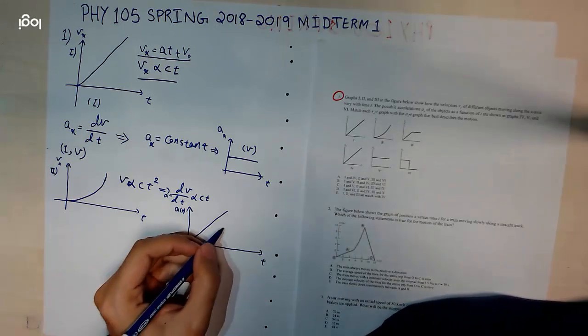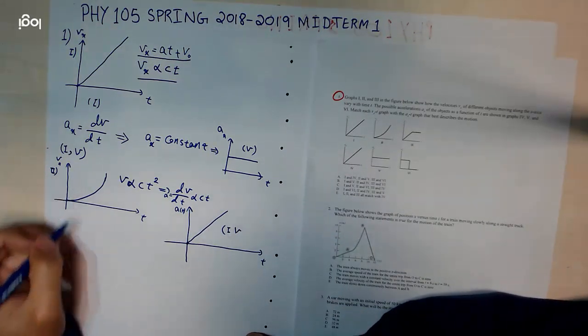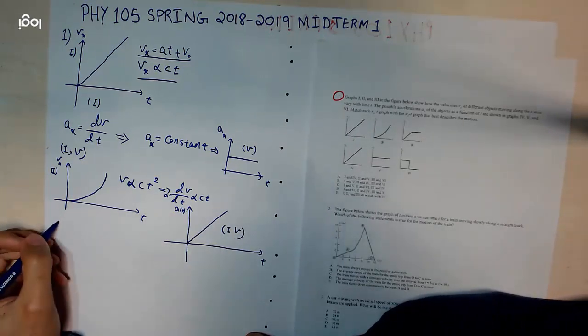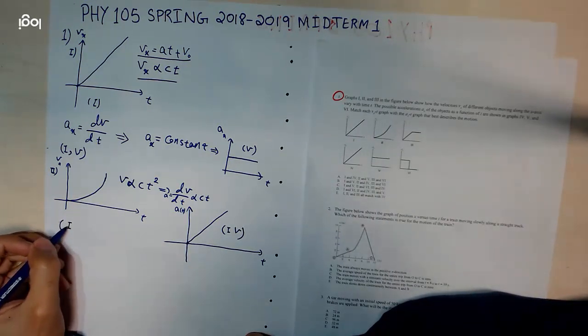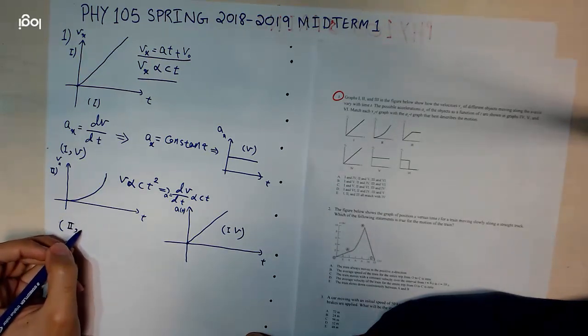Which graph shows this? Fourth graph. So, our next pair is 2 and 4.